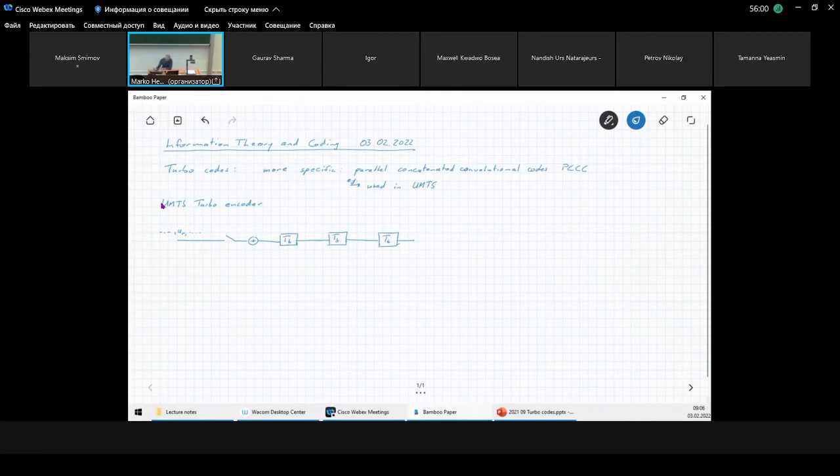So for our UMTS encoders, we have a feed forward generator, G_feed forward, being 15 octal. Actually, this is not a vector yet. I just want to make it a vector, so let's not underline this G here.